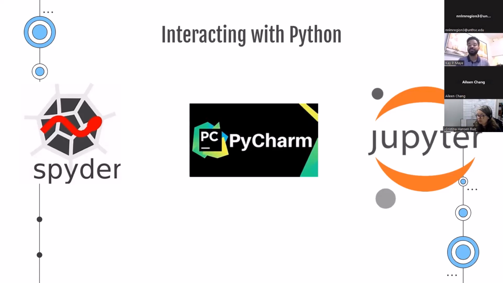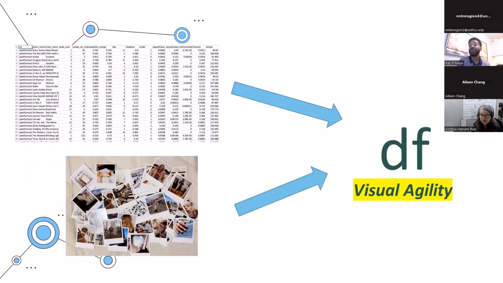Now, the cool thing about learning Python or learning any programming language like R is that you have the ability to what I call create visual agility. When you're working with data, most of the time we're working with spreadsheets, right? We also work with images here at Tulane, so you may see a data set of images.